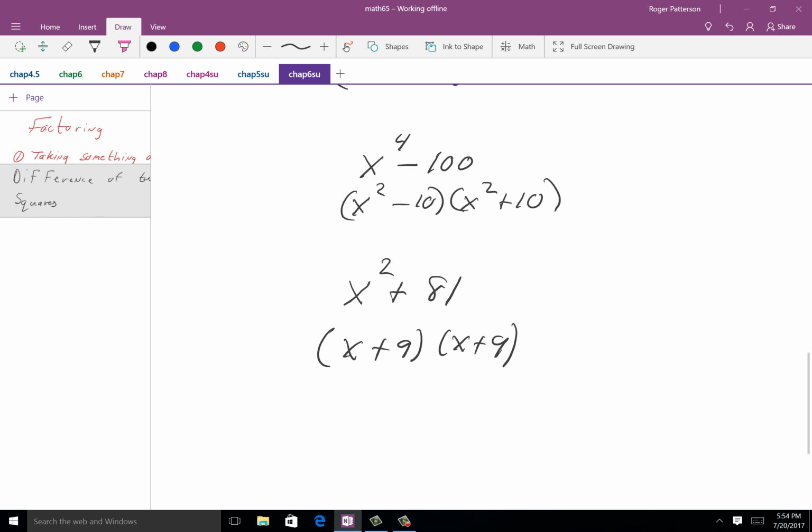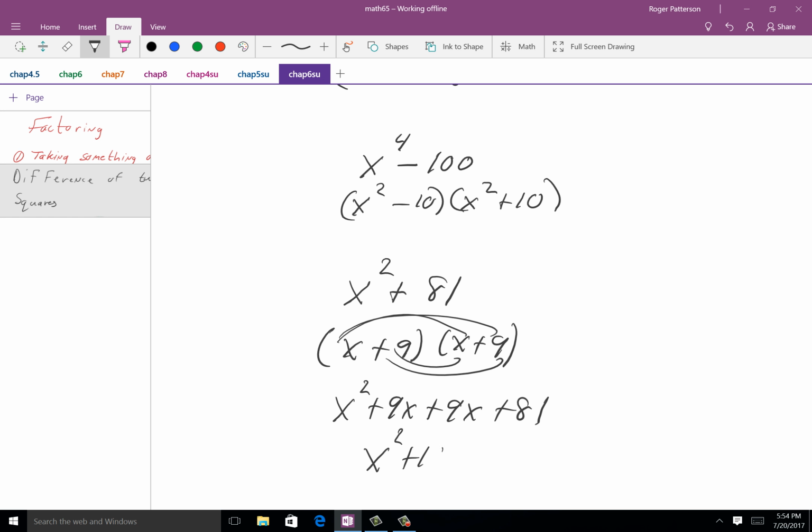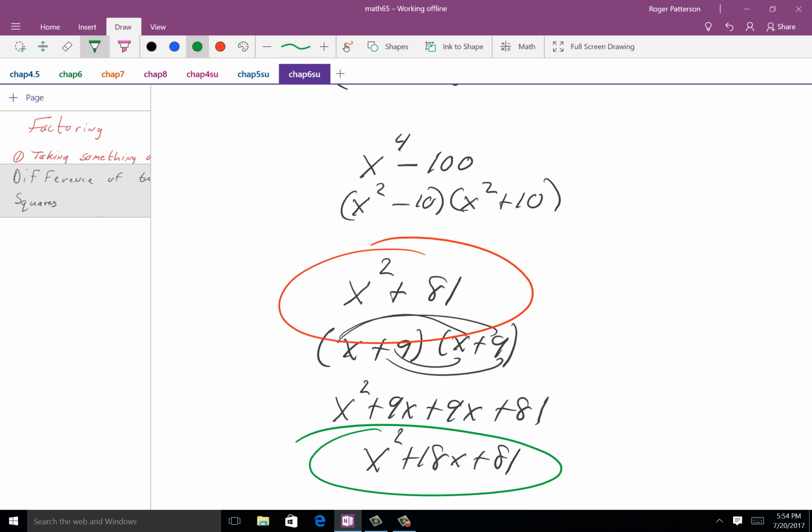The problem is when you FOIL this, that's not what you get. So this one is not the same as this one. All right?